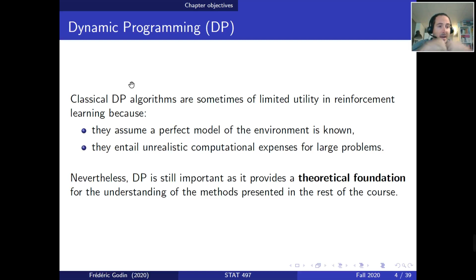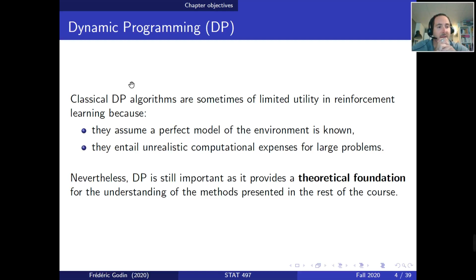Does it mean dynamic programming is not useful? The answer is no. First, there are other problems where it is well applicable: when transition probabilities are known and the dimension of the problem is not too large, dynamic programming can be applied.